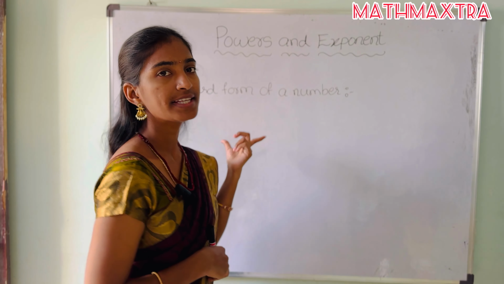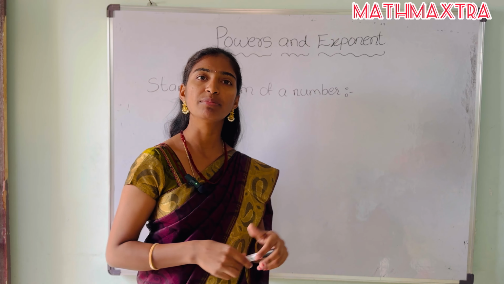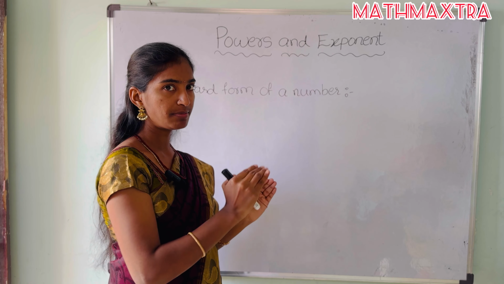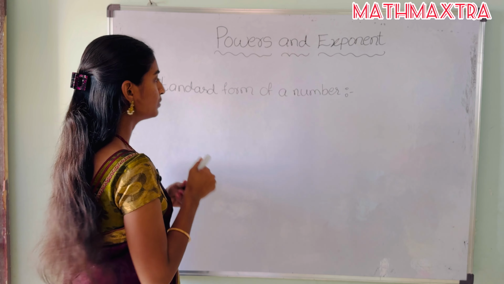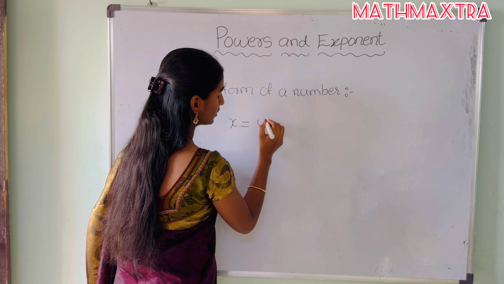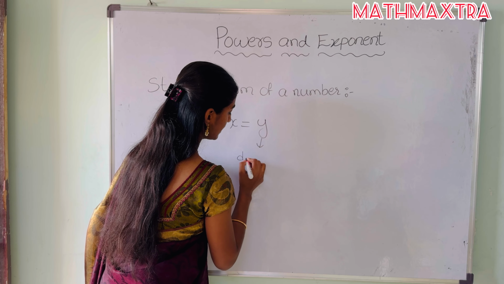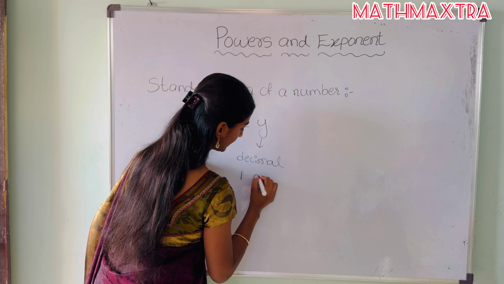Okay. Next is the standard form of a number. A standard form of a number can be defined as, it can be expressed as a product of a decimal and the largest exponent of 10. Suppose x is a number, this we are writing as a product of y, and this is a decimal between 1 and 10.